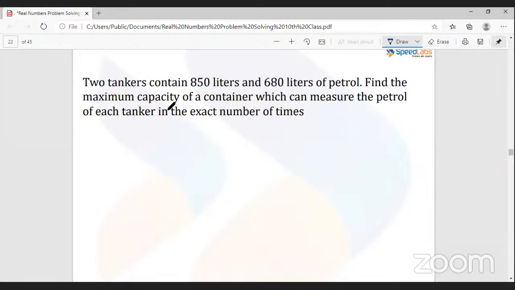We have to find the maximum capacity of a container which can measure the petrol of each tanker in the exact number of times. So we have to take out the petrol from the first tanker or second tanker. So what it involves is factor. So we have to find the highest common factor.